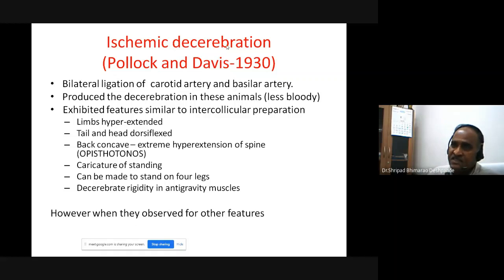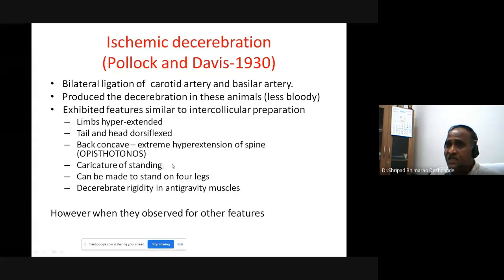When they did that, these cats exhibited features similar to intercollicular preparations. What are those features? Limbs are hyperextended, tail and head dorsiflexed, the back concave. This extension was much more than before, the caricature of standing.